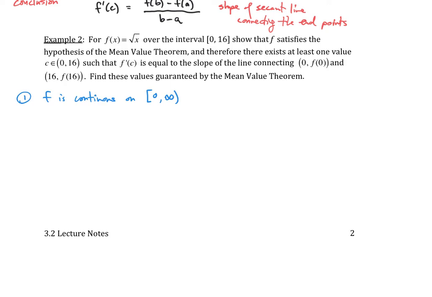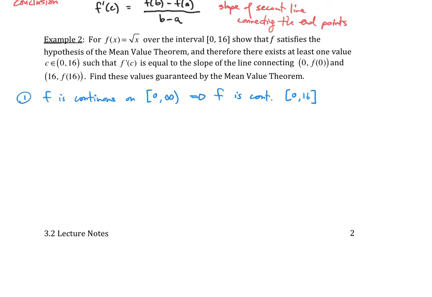So if it's continuous from 0 all the way to infinity, then this means f is continuous from 0 to 16. Okay, so we know what the square root function looks like. We know it's continuous on its domain, and in particular, it's continuous from 0 to 16.